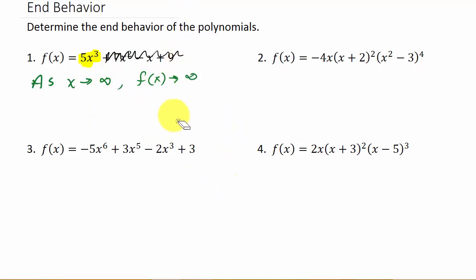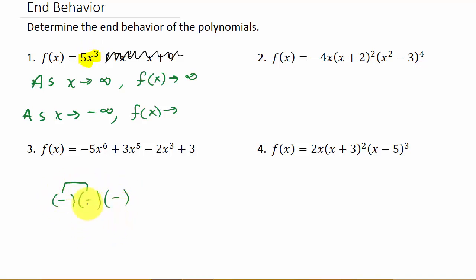Now let's look at it the other way. As x goes to negative infinity, where's f of x going? I'm plugging in numbers out there at negative infinity. They're all negative, and I'm raising them to the third power. That's a negative times a negative times a negative.